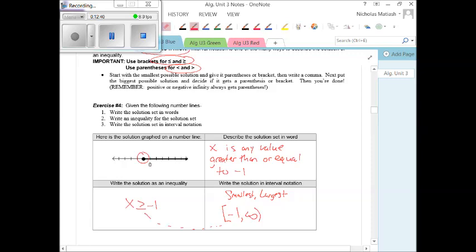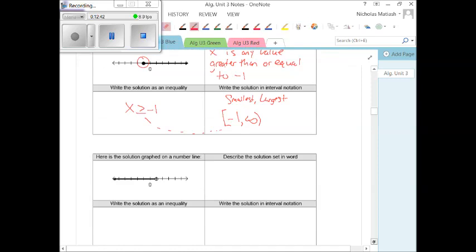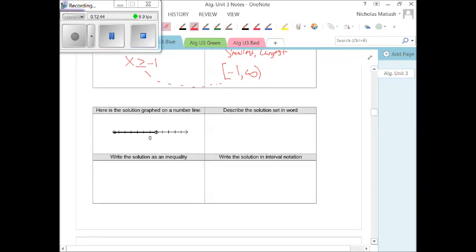So the concept of smallest to largest: look at where -1 is in terms of the solution. That is the furthest thing left, everything else is to the right. That's why the arrow is going that way. So the smallest part of the solution set is -1, and then you'll see it goes comma infinity, with the symbol of infinity having parentheses around it, because we don't have a stopping point for infinity.